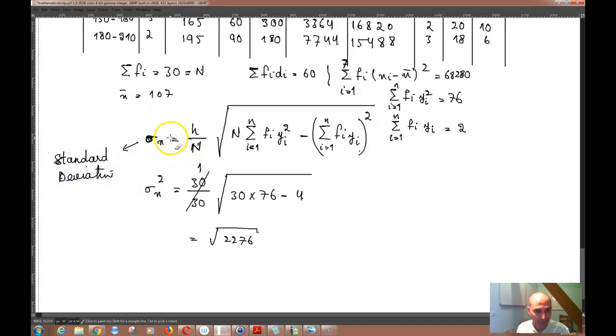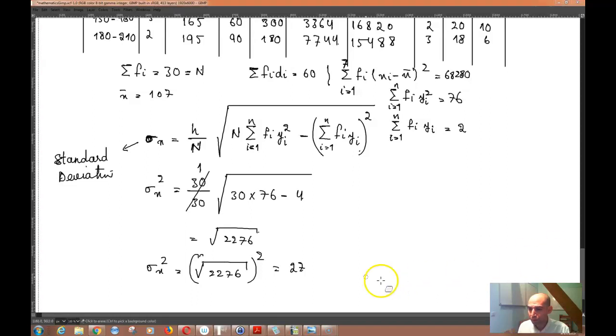Now, if you want to calculate variance from this formula, you have to raise this to the second power, meaning that you have to write sigma of x squared, which would be the square root of 2276 whole squared, which would be equal to 2276, which is actually the right answer.